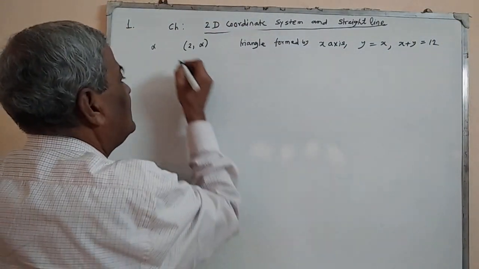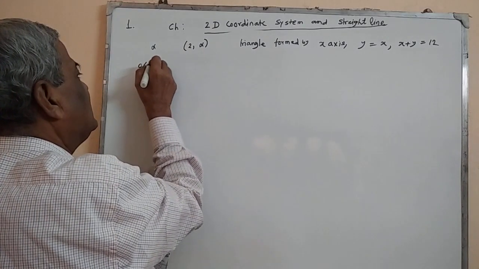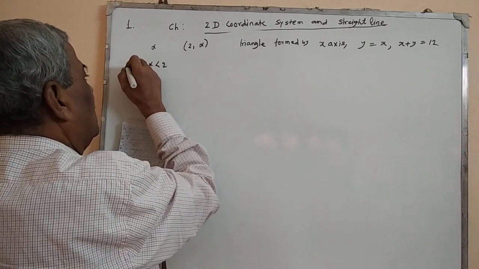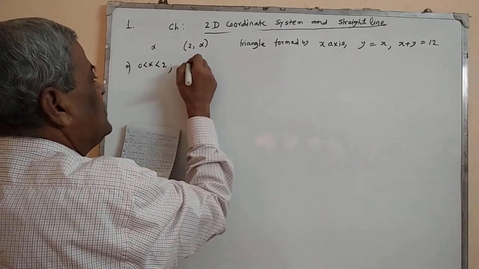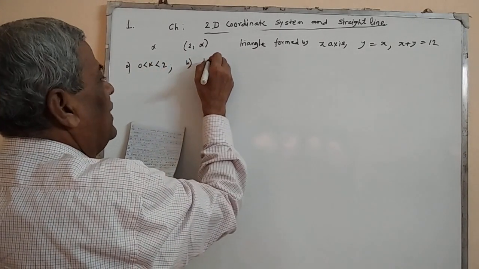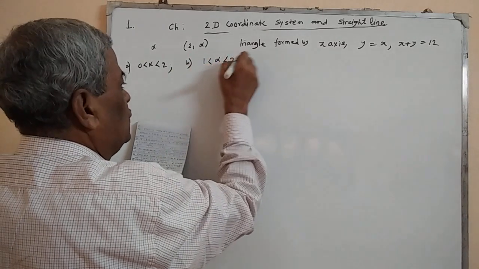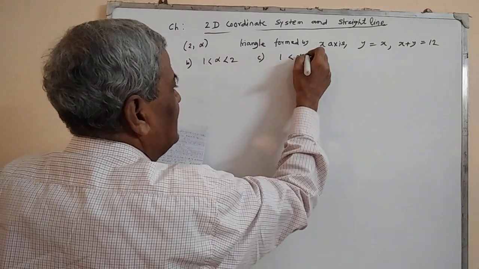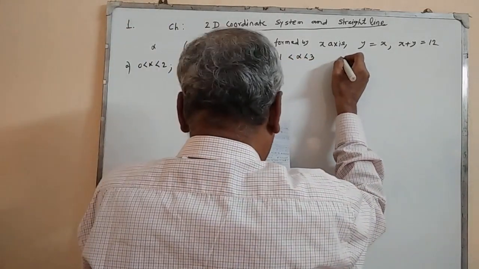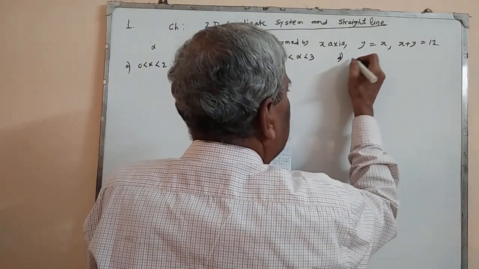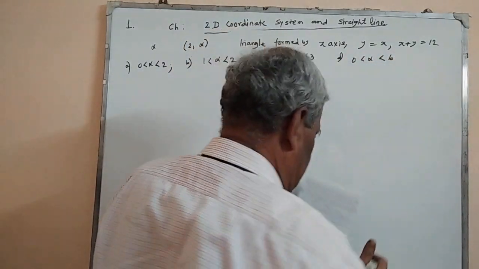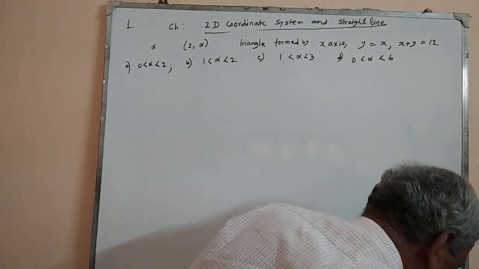So options are: A, 0 less than alpha less than 2; B, 1 less than alpha less than 2; C, 1 less than alpha less than 3; and D, 0 less than alpha less than 6.